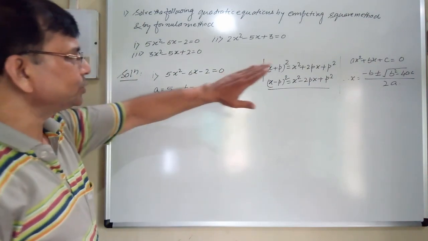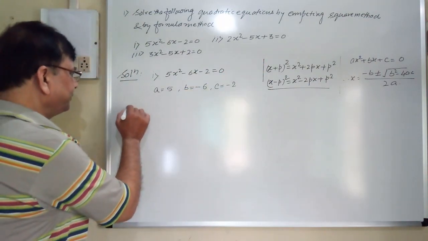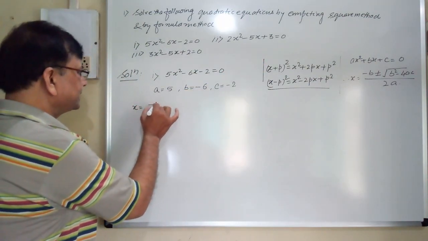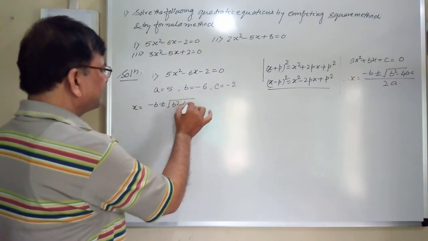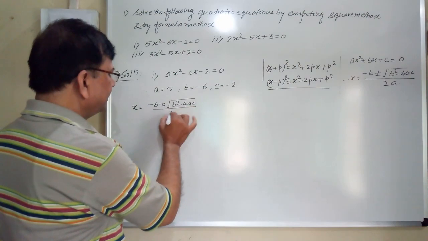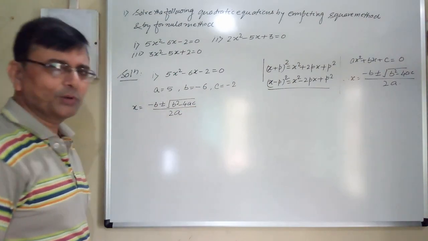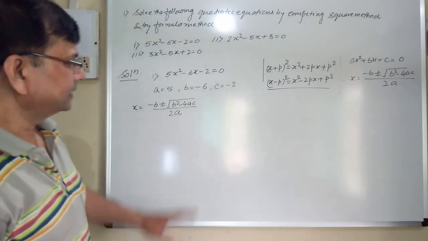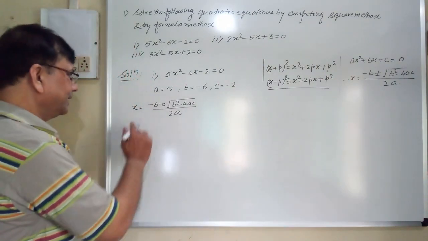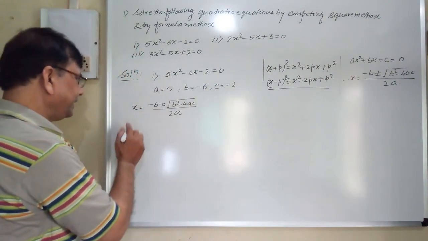I put these values in the formula. What is the formula? X is equal to minus b plus minus under root b square minus 4ac upon 2a. This is the formula for that quadratic equation. The solution is this, two values are these. So we will put the values of a, b, c.